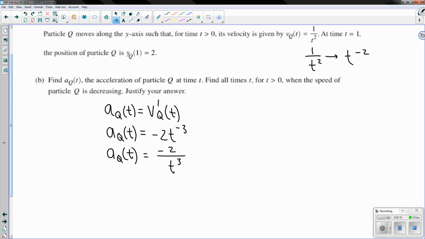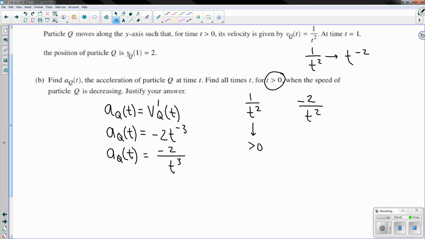Now that we know that, if velocity and acceleration are going in opposite directions, you have a deceleration, indicating your speed is decreasing. So now when we look at our velocity function, 1 over t squared, and we look at our acceleration function, we're only considering when t is greater than 0. When t is a positive number, this velocity function is always going to be positive.